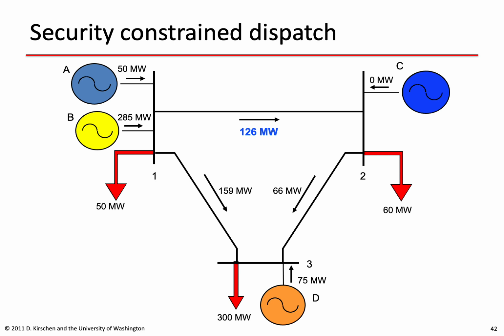So A is now producing 50 megawatts and B is still at its maximum of 285 megawatts. Generator C still produces nothing, and generator D is now producing 75 megawatts to create the counterflow that was necessary to reduce the flow in line 1, 2.